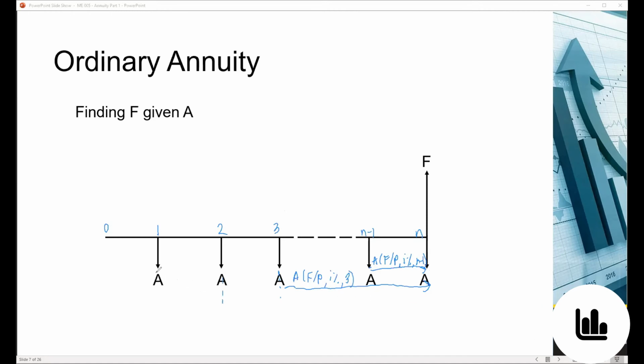Next, pangit ng sulat. So, A, F given P, interest rate, and 2 periods. Ay, hindi. Ano ba yan? Ba't ko kinokopya? Mali, mali, mali. Kasi, di ba yung layo niya from the focal point, ano ba yan? Mali, mali.